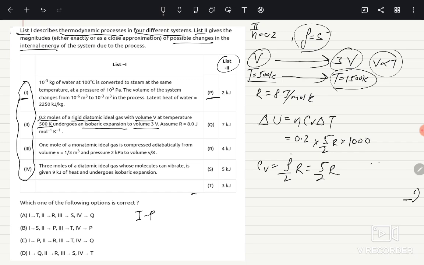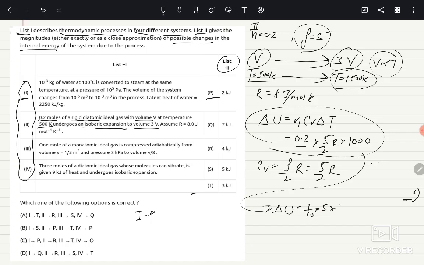So delta U is 0.2 divided by 2, which gives 1 by 10, into 5 into R, which is 8, into 1000, which gives 4000, meaning 4 kilojoule. So the second one matches with R.